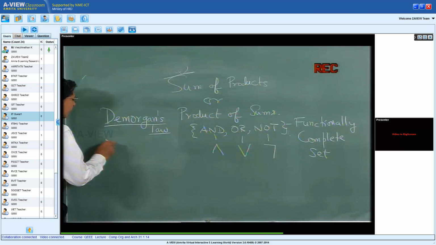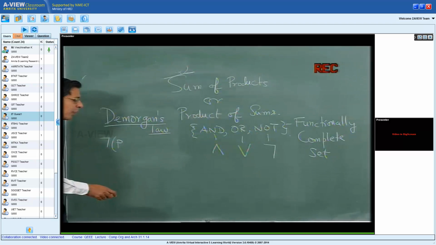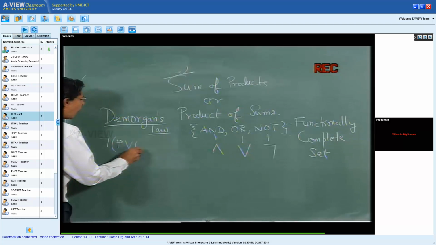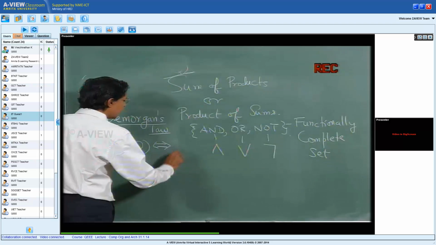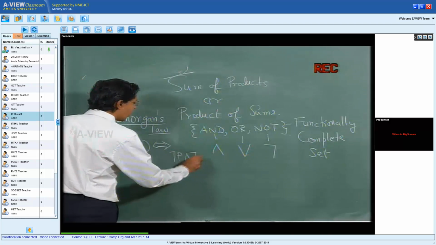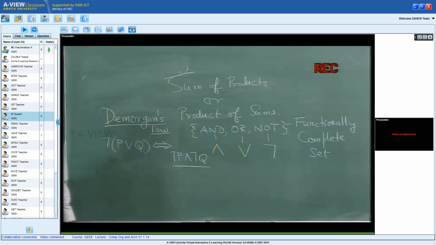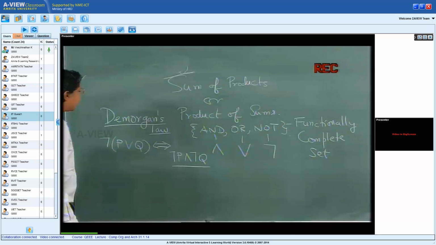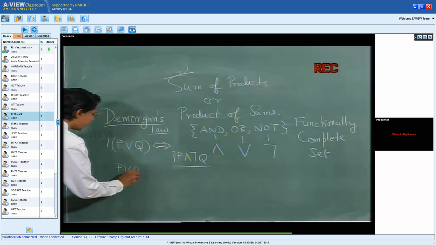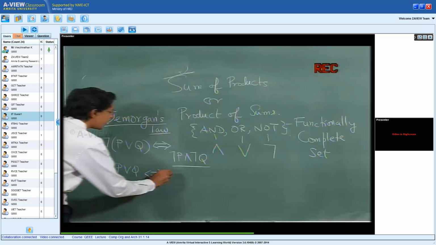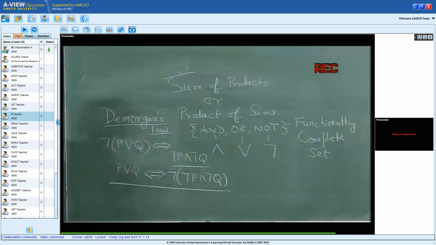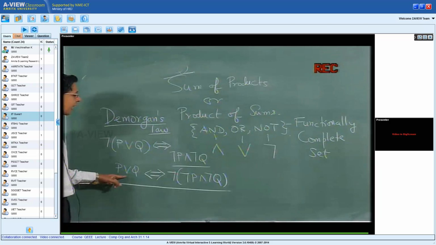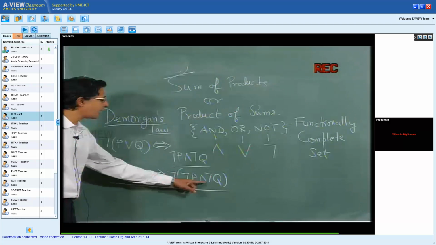De Morgan's law, one part of De Morgan's law is not of P or Q is equivalent to not P and not Q. This essentially means P or Q is equivalent to not of not P and not Q. This essentially states that the OR function can be realized in terms of NOT and AND.